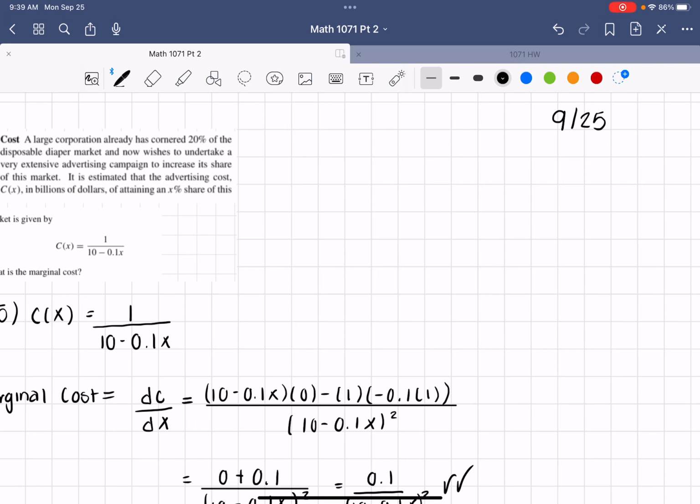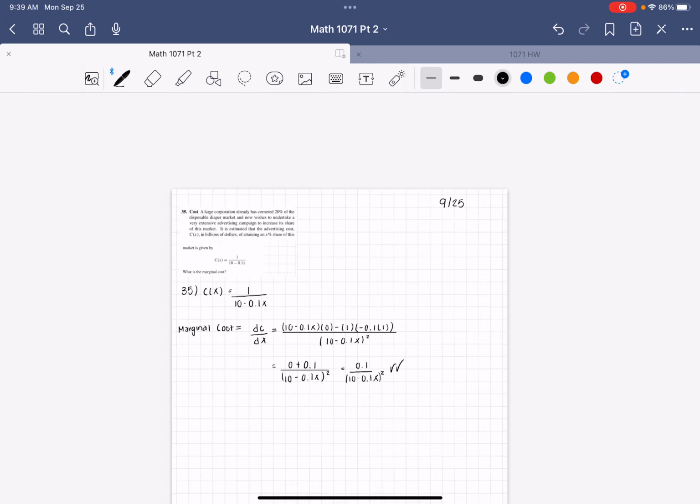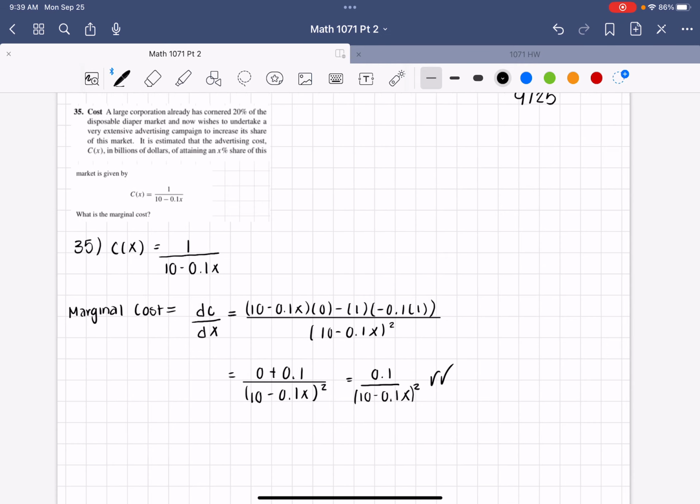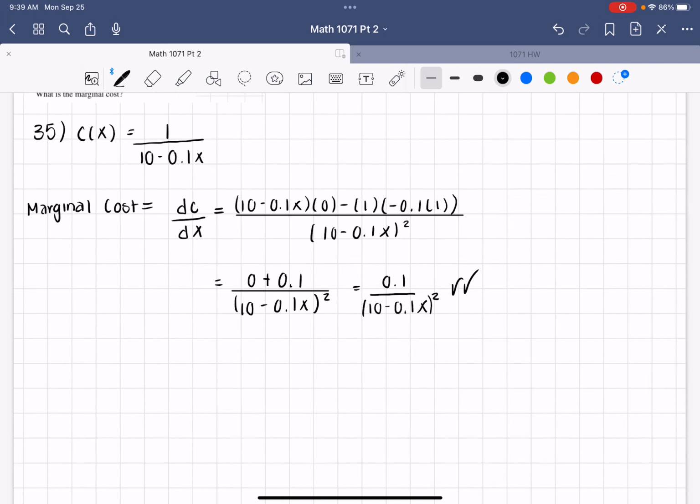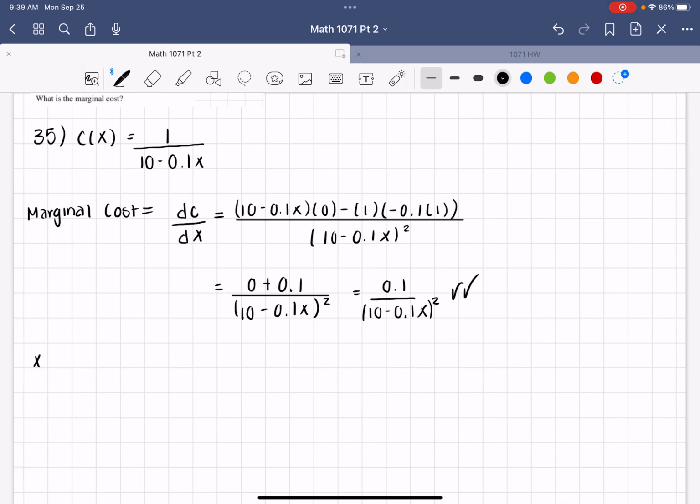I'm just thinking about this a little bit. X represents, X is the percent of the market you sell to.